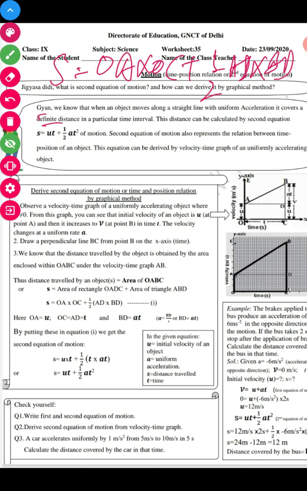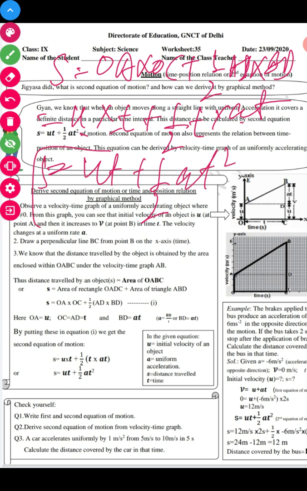So OA we have u, OC we have t, plus half, AD we have t, and BD we have at. So s equals ut plus half at square. This is the second equation of motion.